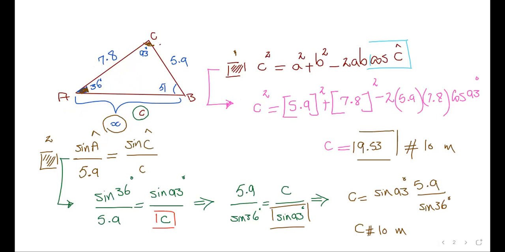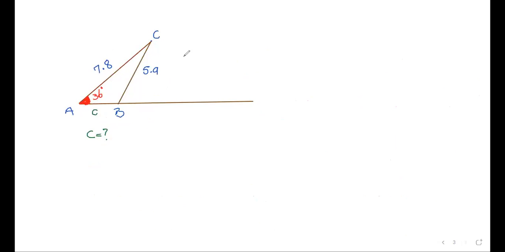Now, the thing which I say is this. In order to find the value of the C, what we did before was we tried to find the angle of C. That's what we did before. Well, let's do the same thing here. I'm just going to use the sine law, and I'm going to use it in that way.